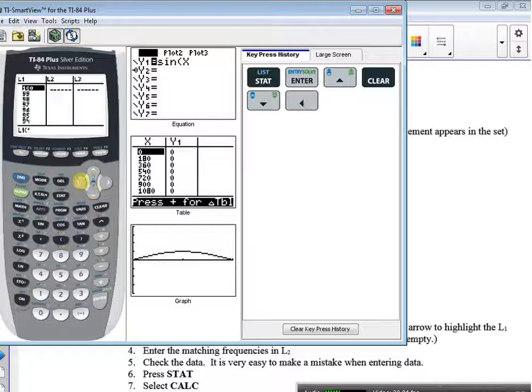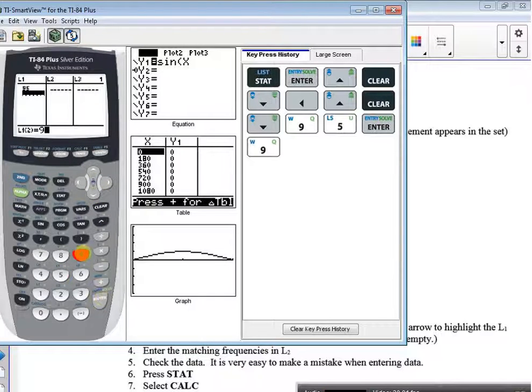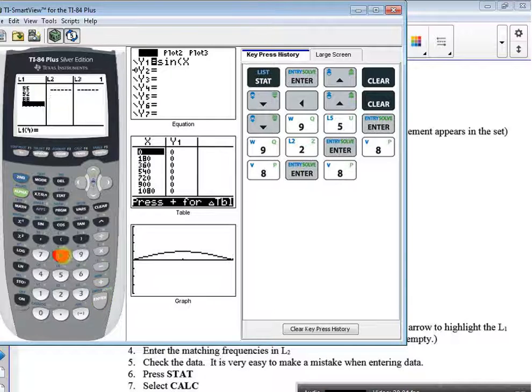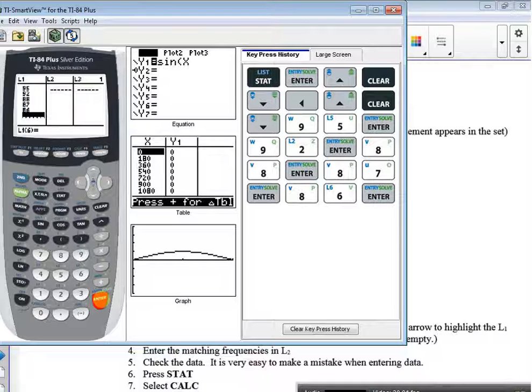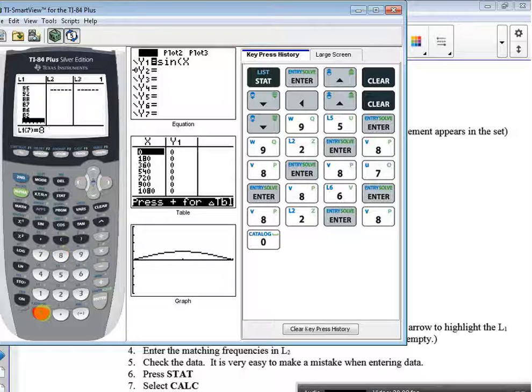Remember, don't hit Delete. All right, and then I'm going to enter those grades. There should be 8 of them, and there are.